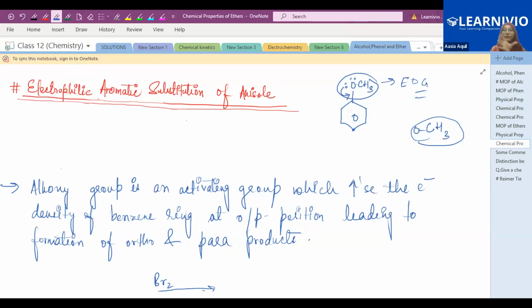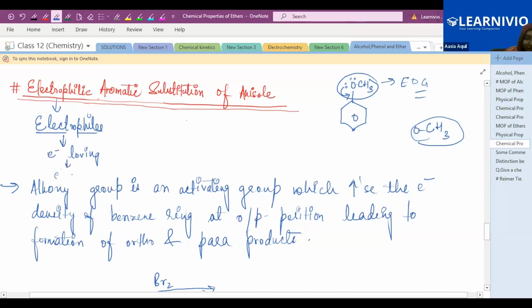So similarly here, electrophile, electron loving. When will they be electron loving? These are basically cations. They have an electron deficiency, a lack of electrons, so that's why they love electrons. So what are electrophiles? The electrophilic aromatic substitution reaction involves electrophiles, and electrophile means electron loving. So they are electron deficient, and basically they are cations.